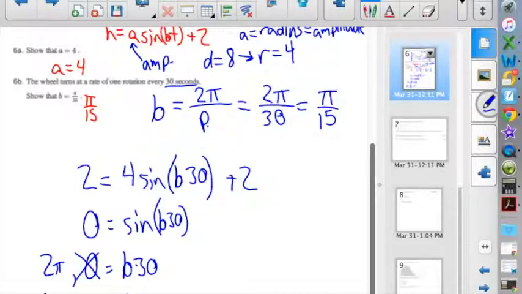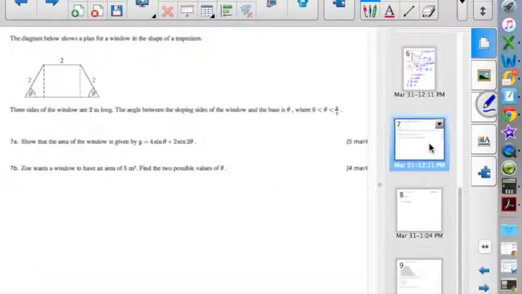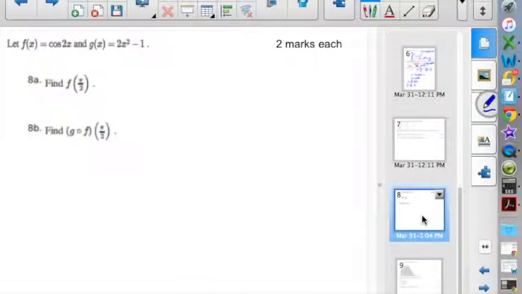Let's see how we're doing. Okay, 7 minutes. Let me find one. That one's not gonna work. Here, let's do this one. Okay, 2 marks each, so we've got 4 minutes here.